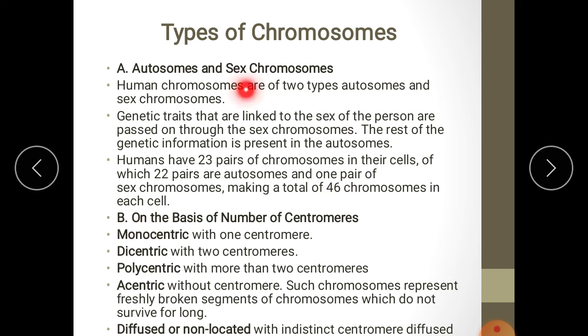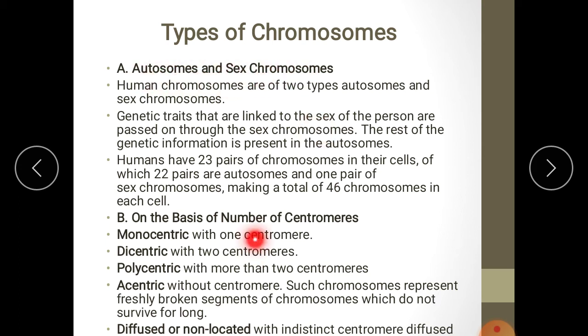So chromosomes are of two types, autosomes and sex chromosomes, depending upon what type of genes they carry. If they carry sex determining genes, they are called sex chromosomes. If they carry body character identifying genes, they are known as autosomes.